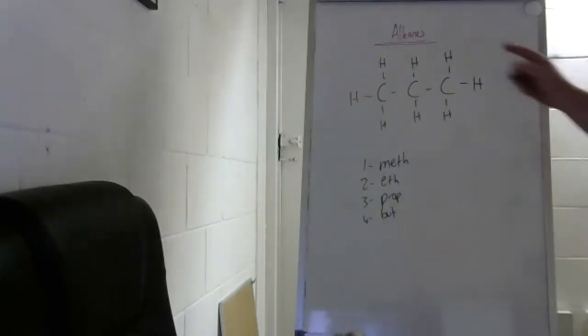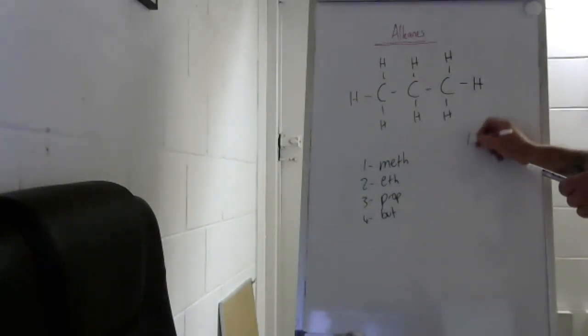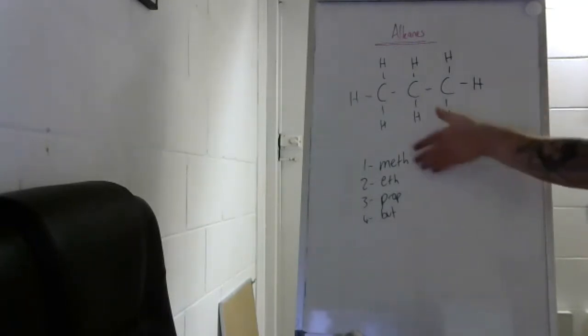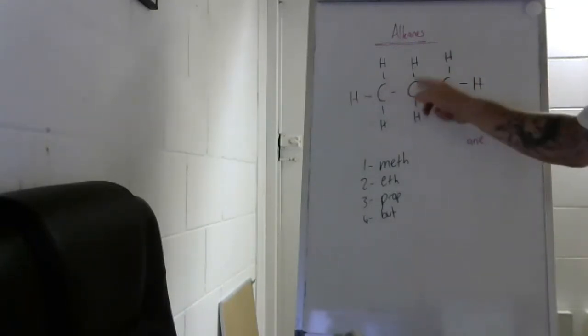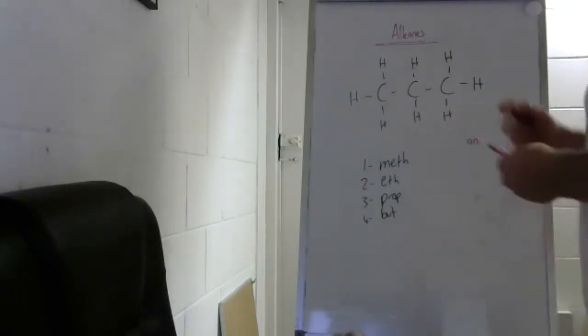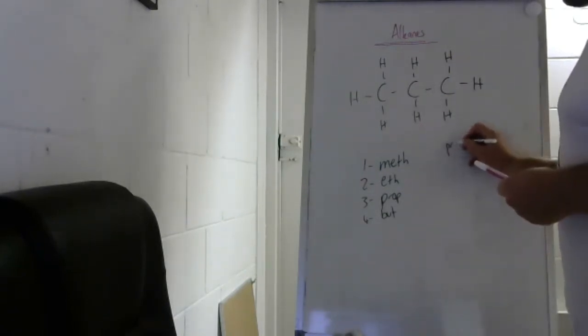Nice and easy, an alkane ends in ane. And depending on the number of carbons, here we have 1, 2, 3, prop. So we would call that propane.